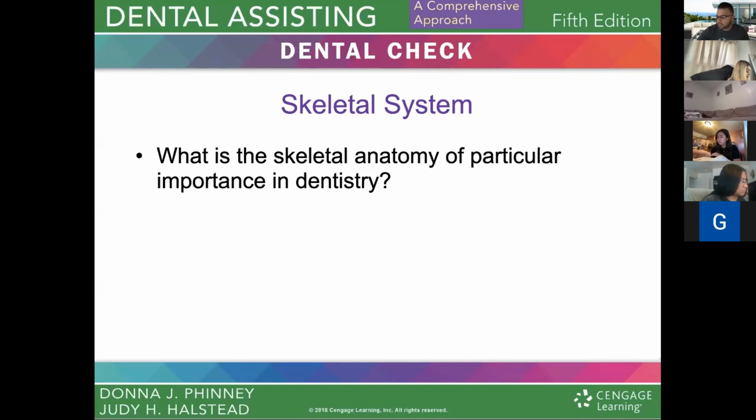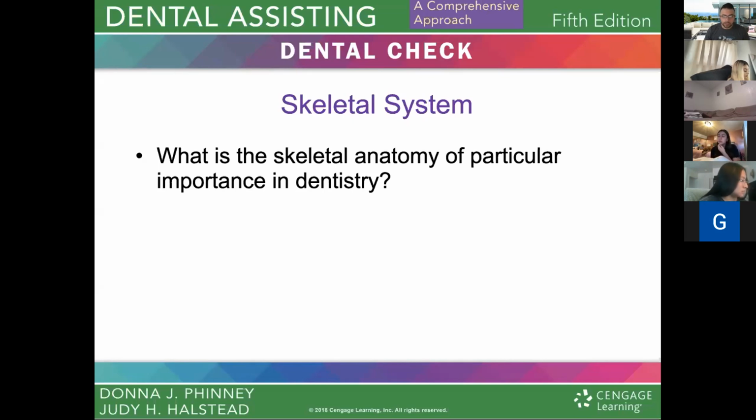Or what part of the skeleton are we most concerned with? Is it the arms? Is it the head, the neck, the skull? Is it the neck? The neck is one of them, yeah.